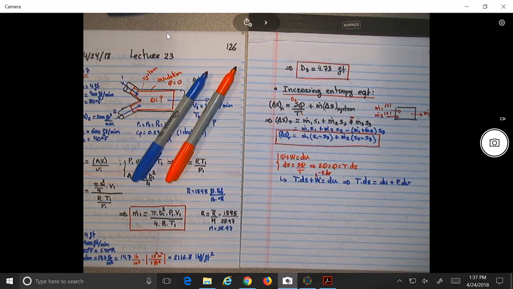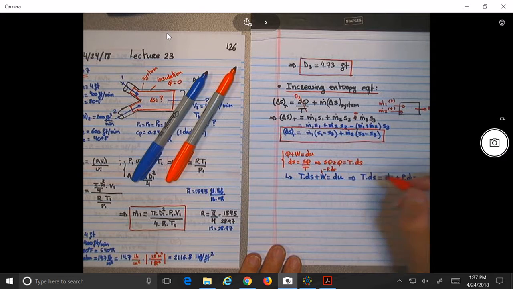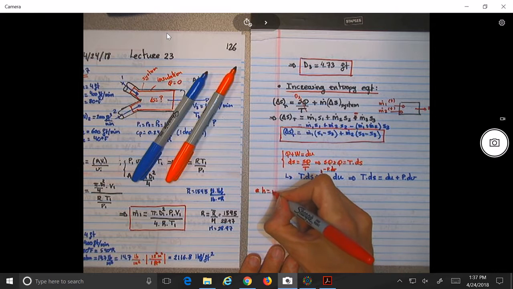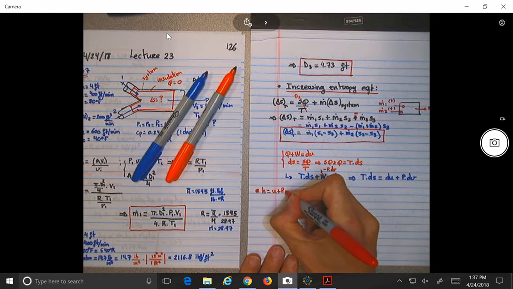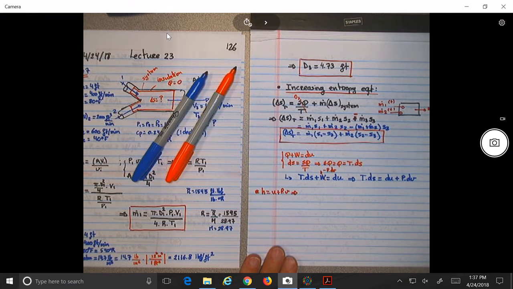But here we are interested in open systems. Open systems deal with enthalpy and not internal energy. What is the relation? H equals U plus PV.